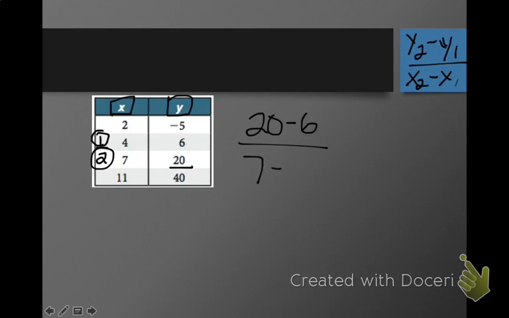And x value from number 1 is 4. So at this point I can subtract and then simplify if it's possible. 20 minus 6 is 14. 7 minus 4 is 3. Now, I do see that that is improper, however, improper is okay. And so as I look at that, I cannot simplify those by the same value, so I'm going to leave it as the improper 14 over 3.